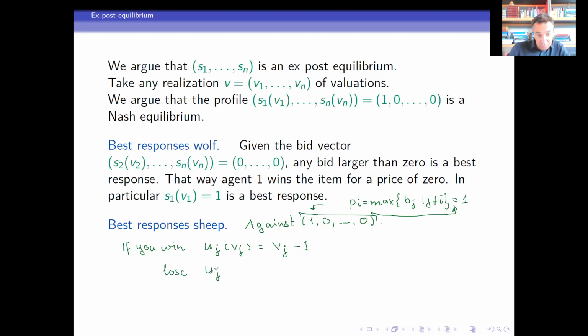And if you lose, then of course your utility is 0. And this here is at most 0 because Vi is between 0 and 1. So you see that losing is indeed one of your best responses.